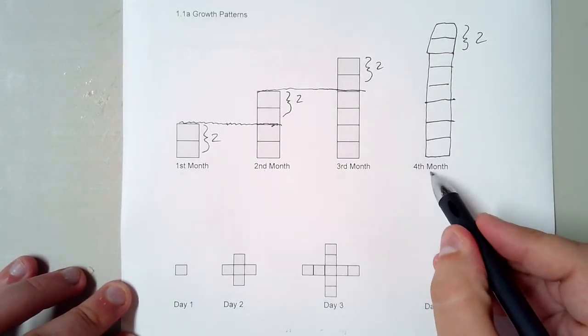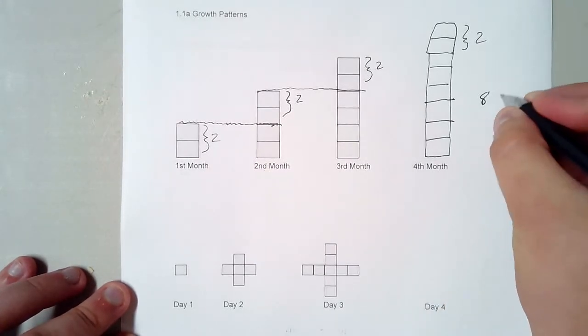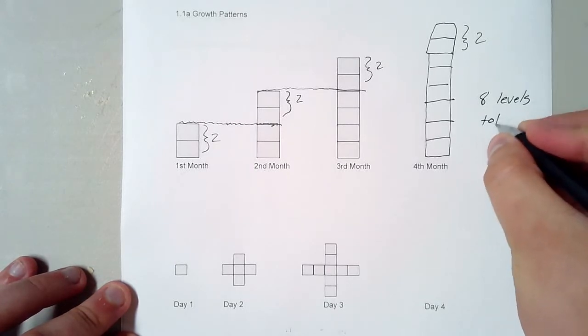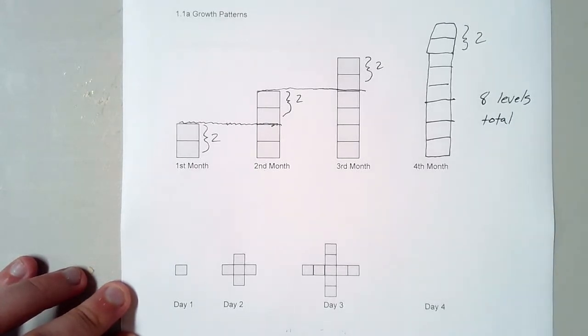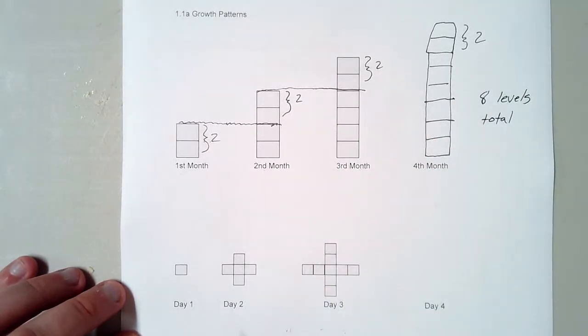So how many levels does this building have at the end of the 4th month? Well, it has 8 levels total. And if we wanted to, we could keep taking this out. We could go to a 5th month, a 6th month, and we would just continue to see this pattern of adding 2 levels to this building every month.